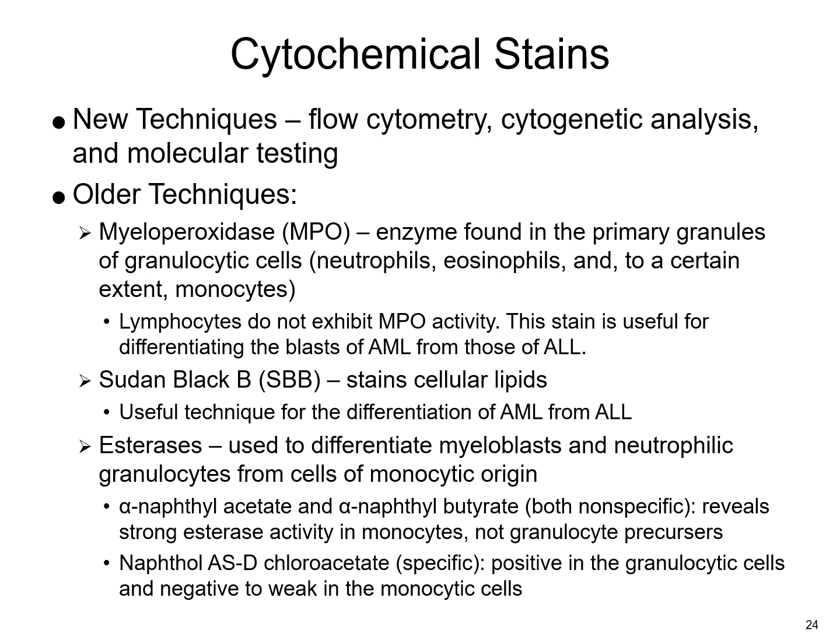There are a couple of different stains that can be used. You have the non-specific stains as well as the specific stains that look for that esterase. Your non-specific stain is going to look for esterase activity in the monocytes, but it's not going to be present in the granulocytes. And then your specific stains are going to be positive in your granulocytes, but negative or very weak reactivity in your monocyte line.